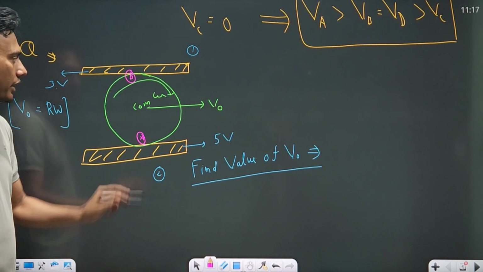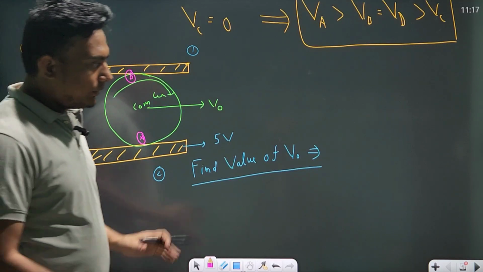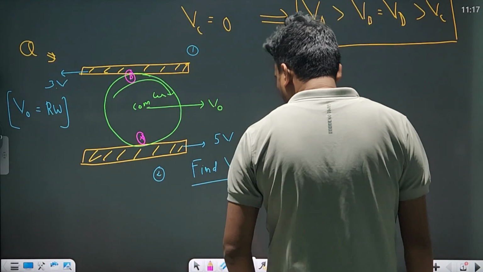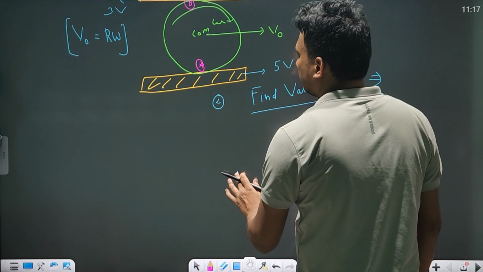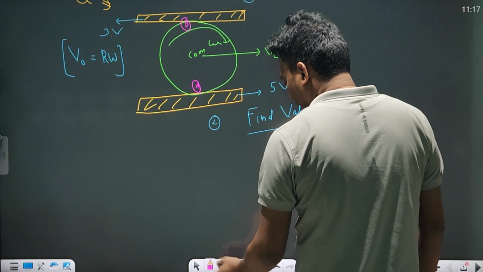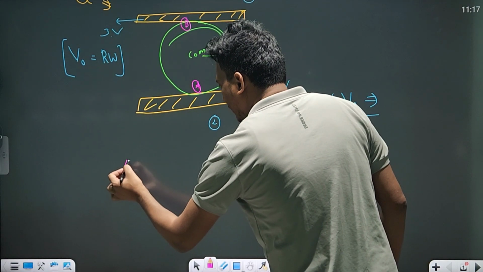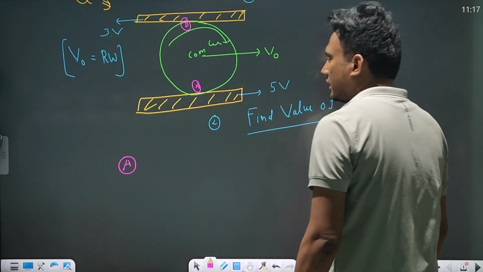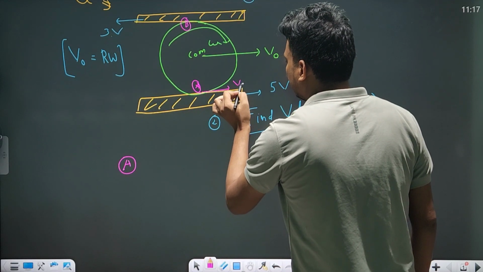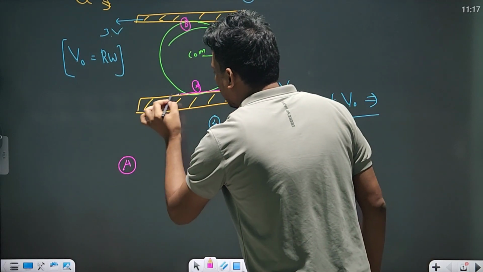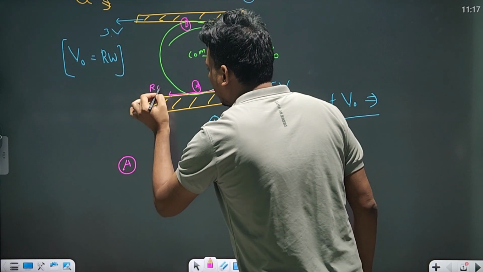So if I write the equation at both points, what is the equation? At point A, the speed is v naught for the wheel, and r omega acts in the leftward direction.